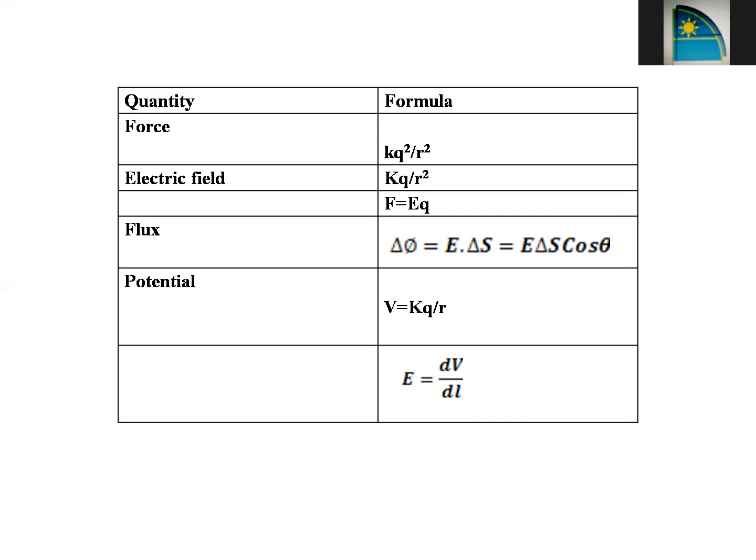We can also write it as E is equal to dV divided by dl, as you can see in the last formula. Sometimes, if potential is given in the form of a quadratic equation, we will differentiate it to find the value of E. Going further, we will see in the next slides how we can calculate the value of E using differentiation. So let's get going.